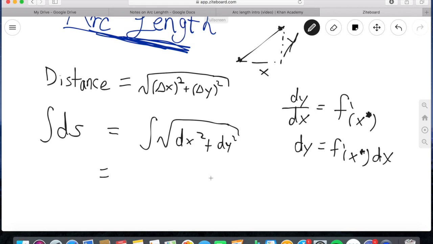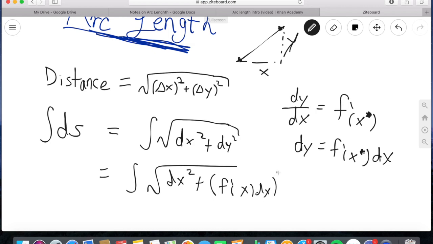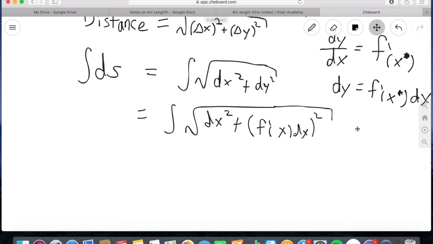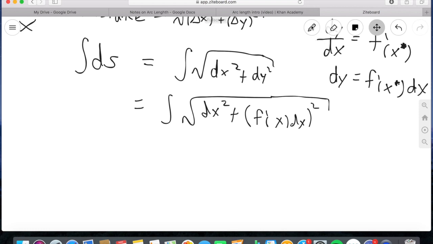So we can replace that right here and write it as the integral of the square root of dx squared plus f prime of x dx squared. This is still looking a bit awkward, and we can continue to rearrange this.